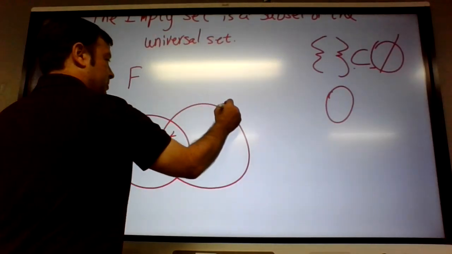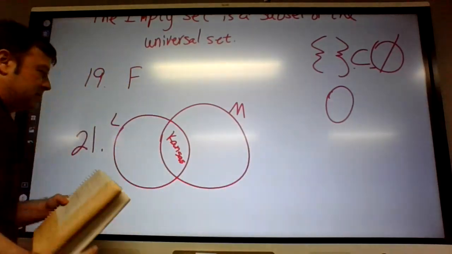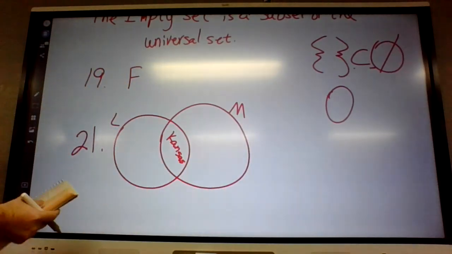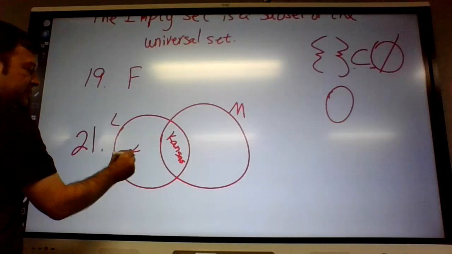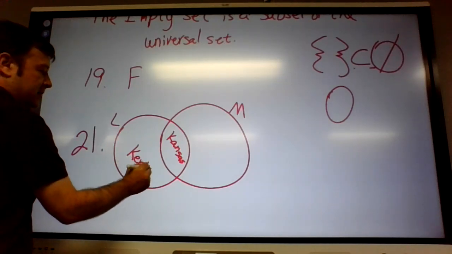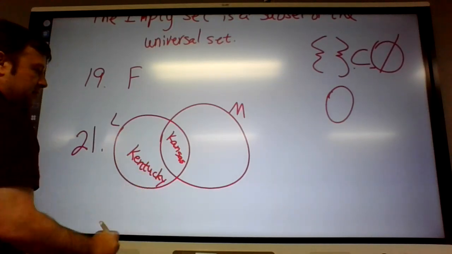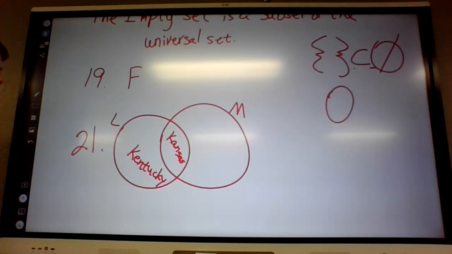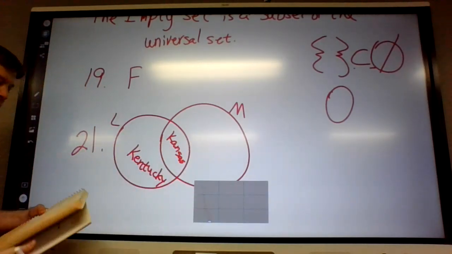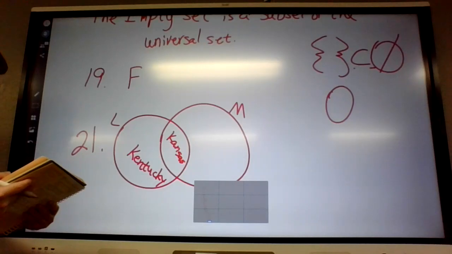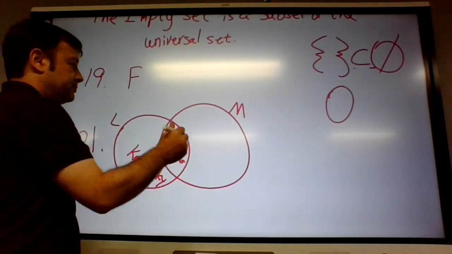I'll call this set L, set M. So we don't need to write Kansas again on set L. We just need to write Kentucky. And we don't need to write Kansas again for set M. We just need to write Alabama, Arizona, Arkansas.